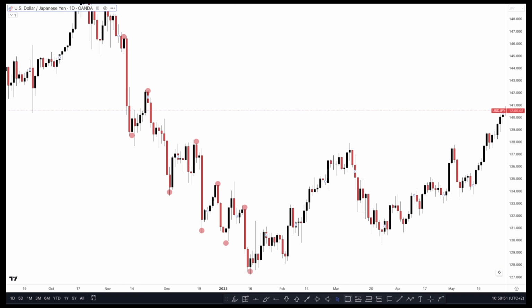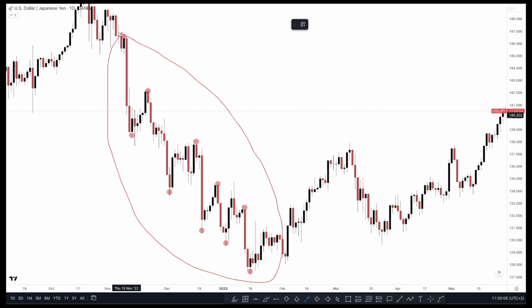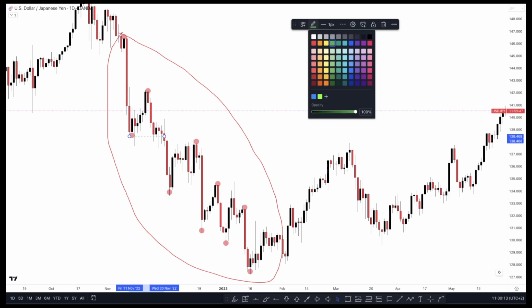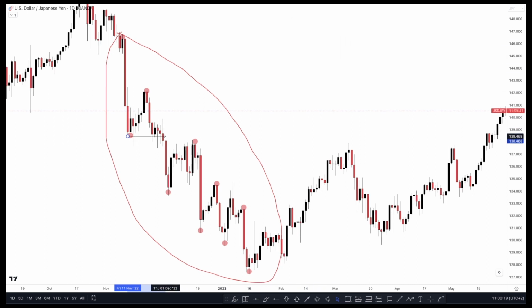So let me also mark this point, and from there get into labeling it. This is my low at the moment, because that's where we're starting the trend.